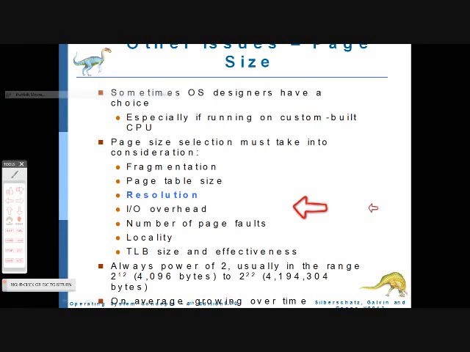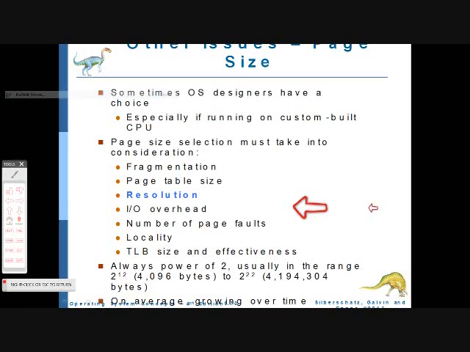When you decrease the page size, then the locality will suffer because the instructions necessary for the process to be executed might be stored in another page. So this means that page has the possibility of being stored in a different memory reference. So locality will suffer.